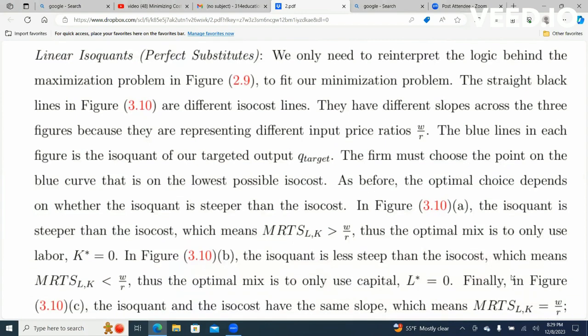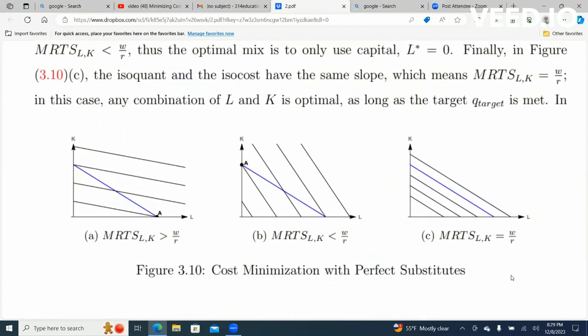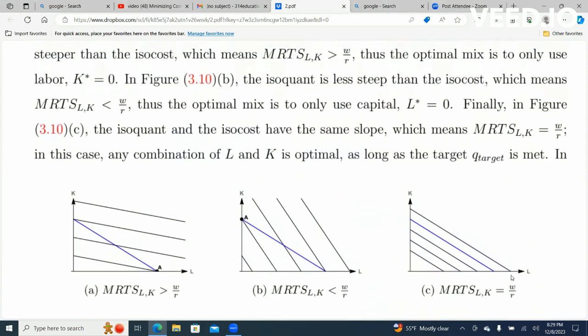Okay, so the linear isoquants, we're going to kind of derive a few basic equations. Like we see in red, the 3.10. If they say 2.9, they do it a lot better than 3.10, which is just right here in front of us. So it kind of goes on there. I think it's just kind of a little bit better.